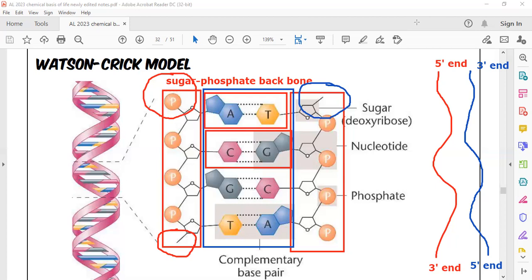If I tell number of purines and number of pyrimidines are equal in number in a DNA molecule, will you agree?